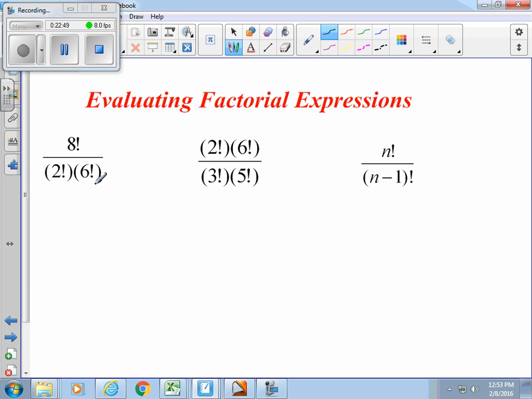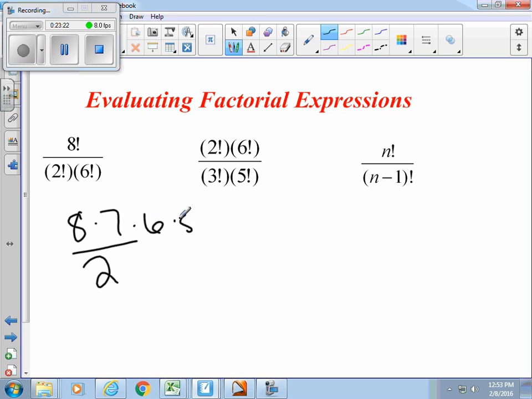We could simplify factorials without picking up a calculator. What do you know about 8 factorial over 6 factorial? What's going to happen to a lot of that? It's going to do 6 factorial times, so all it was 8 times 7 on top. Does everyone agree with that? The 6 factorial part will cancel. The 6 times 5 times 4 times 3 times 2 times 1 will cancel on top and bottom.